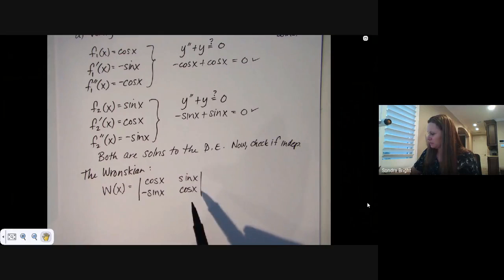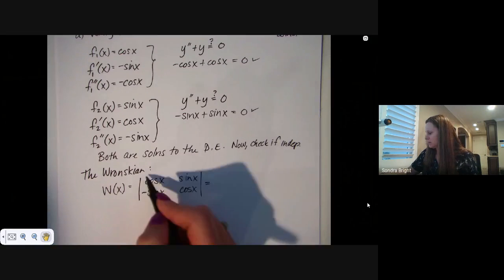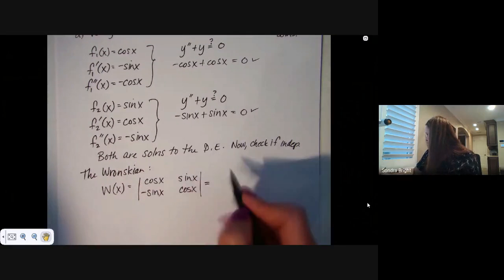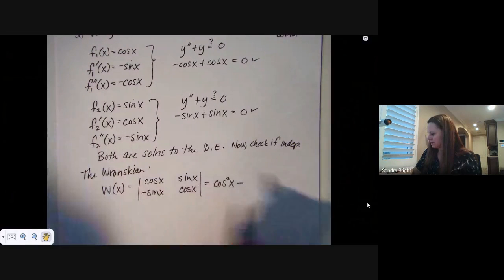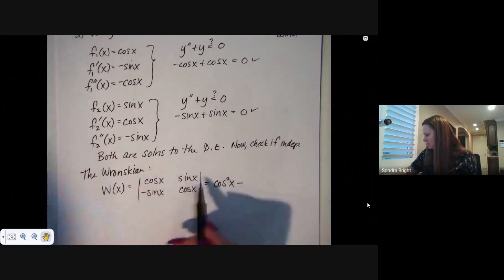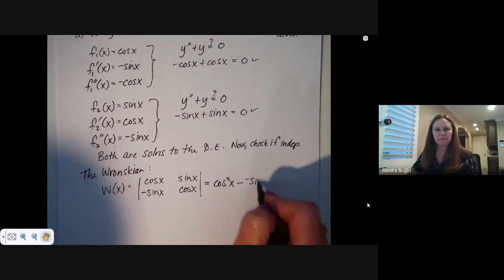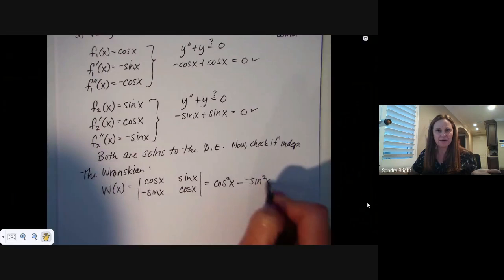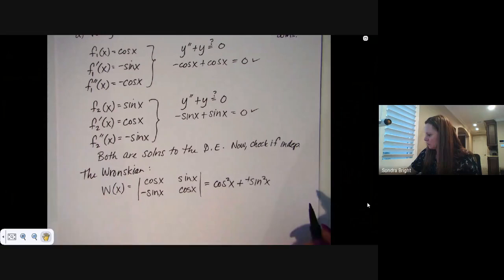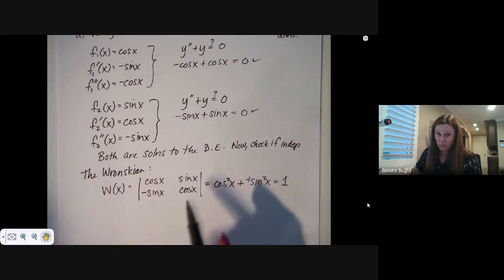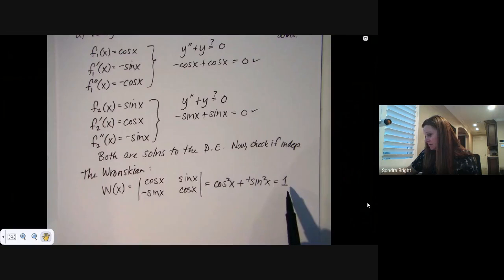Multiplying down the diagonals, cosine times cosine is cosine squared, minus the other diagonal, which is a negative sine squared. So you get cosine squared plus sine squared, and that's the Pythagorean identity, equal to 1. So this determinant is always equal to 1, which is not 0.